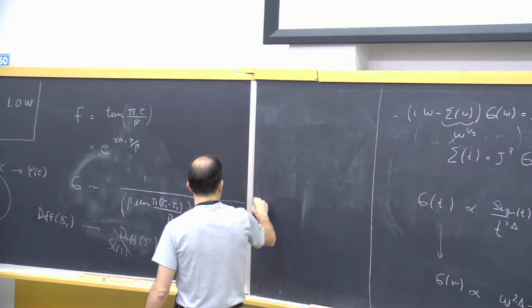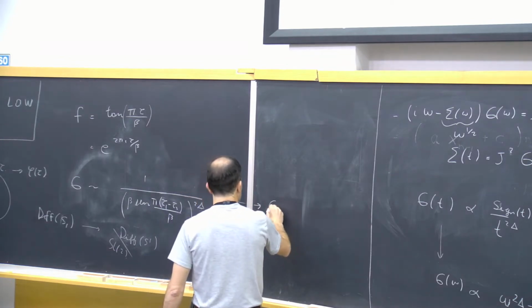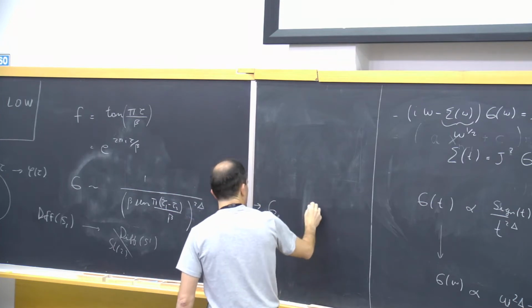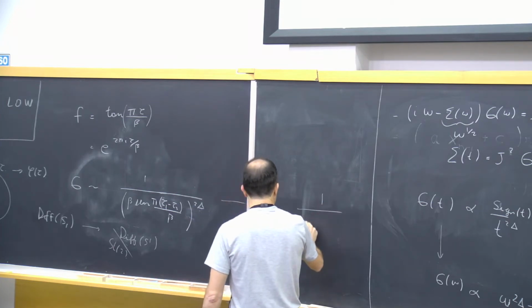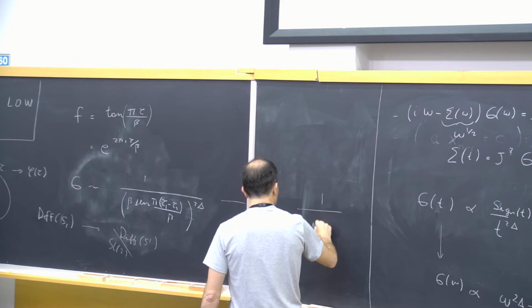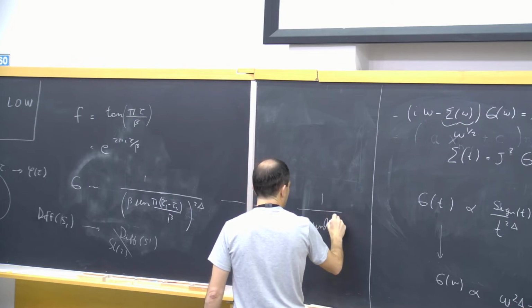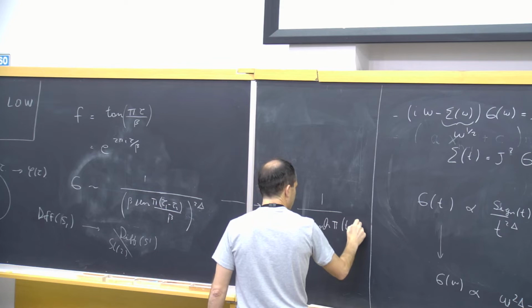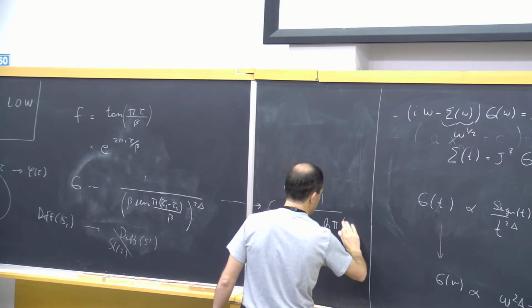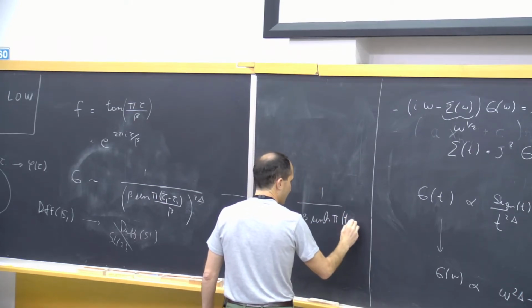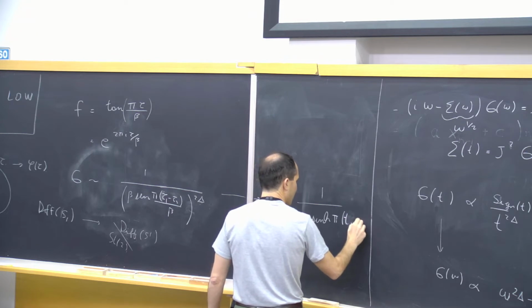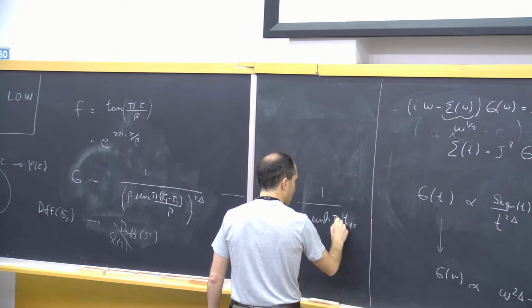So we get that G Lorentzian, as a function of Lorentzian time, will be of the form 1 over beta, and this becomes sinh of pi T1 minus T2, well, let me call it T again, T12, divided by beta.